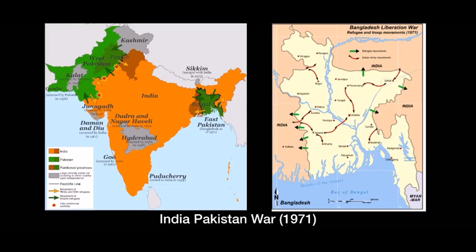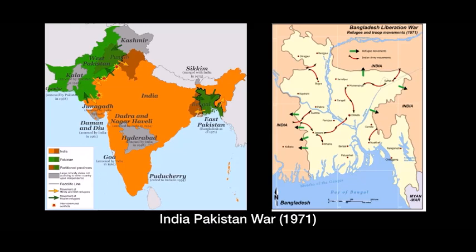Now, this crisis in East Pakistan affected India as well. Why did it affect India? Because if you see East Pakistan, on all the sides it is surrounded by India. So, because of the things that were happening in East Pakistan, people started fleeing, and the only place that they could go to was India.